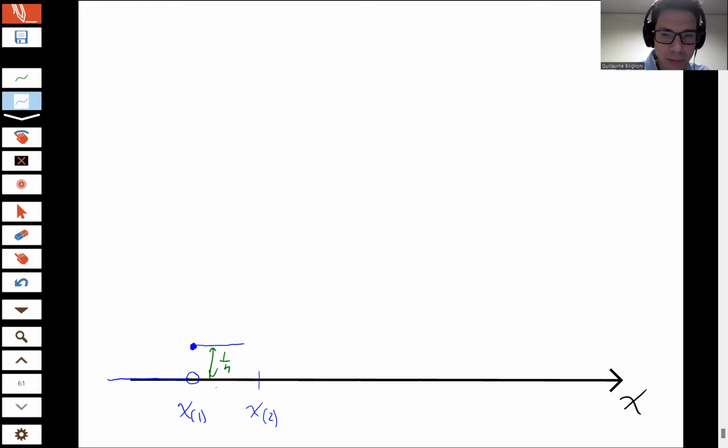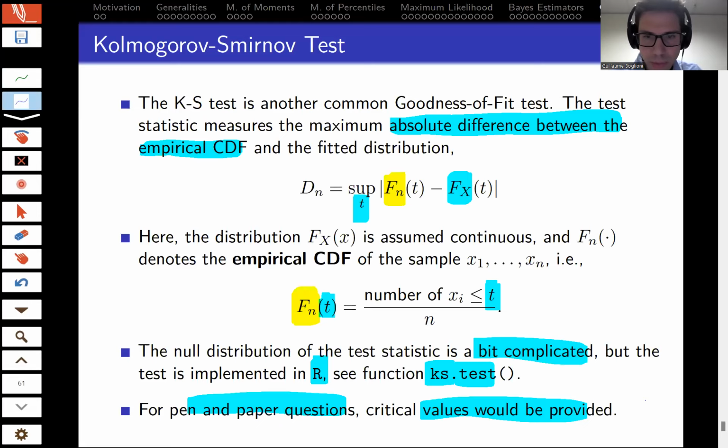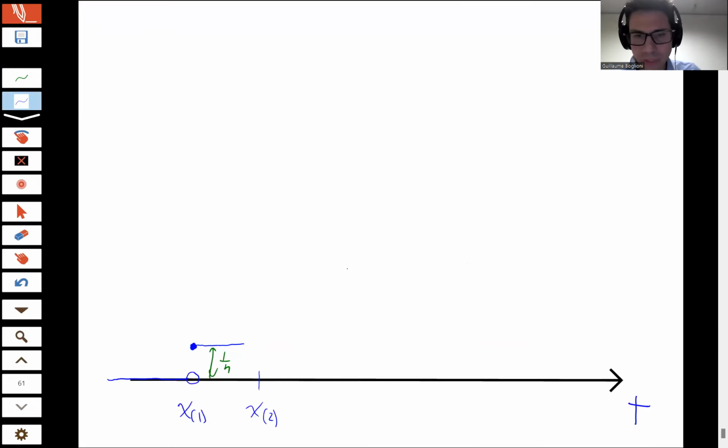If you evaluate this function here, maybe I should have put t, to highlight that we're looking at a function of t here. Well, here, 1 point, so a proportion 1 over n, is smaller or equal to those values, and here the second is observed at exactly x2.